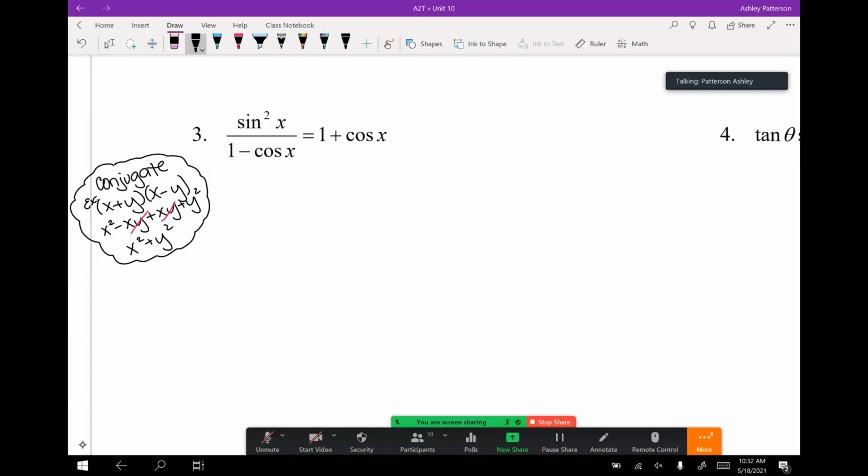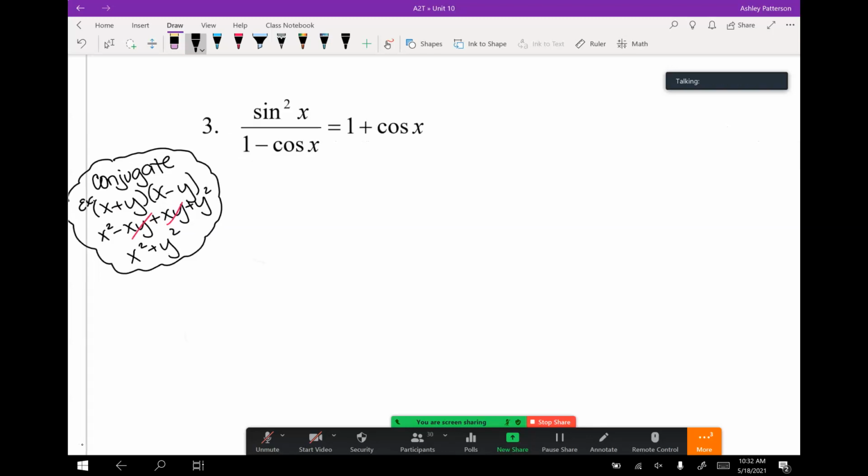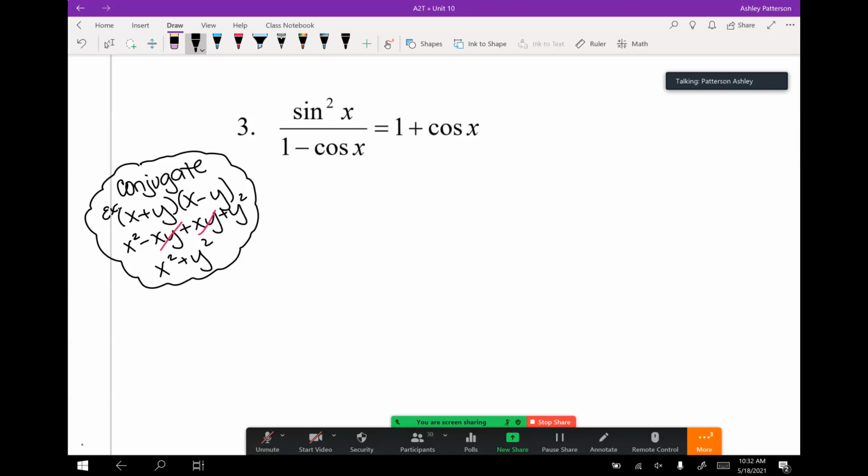Enter in number 3. I cannot simply change the denominator to be sine of x on the left-hand fraction. Okay, it's not squared. Now, if it was 1 minus cosine squared of x, we could easily change it, but it's not. However, I could make it to be what I want.